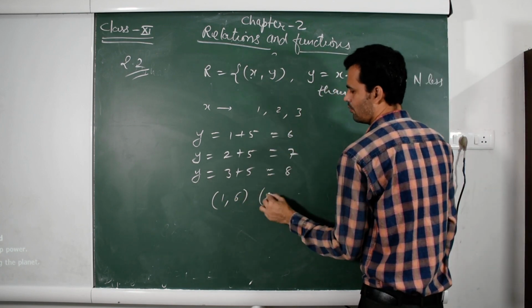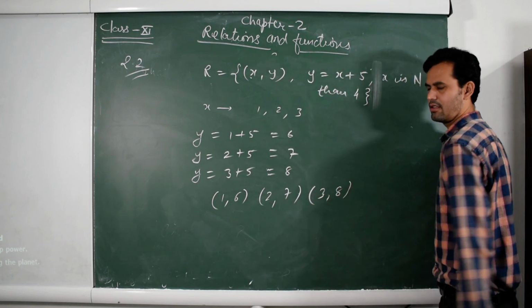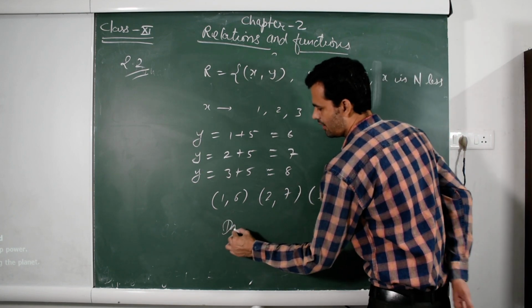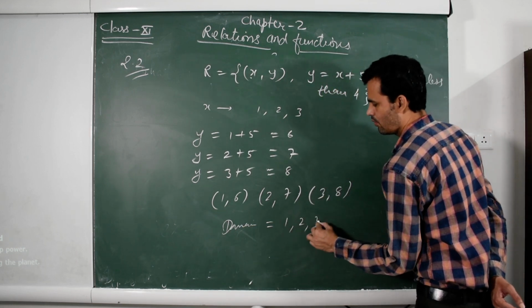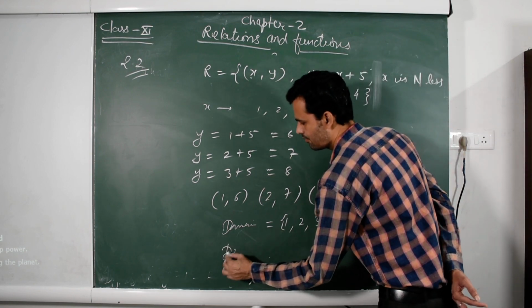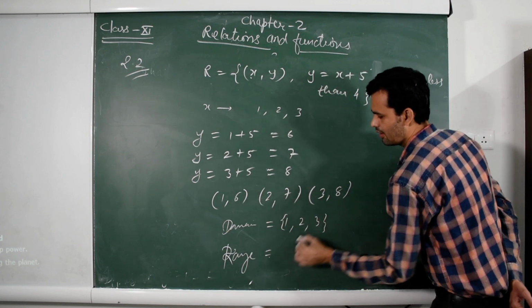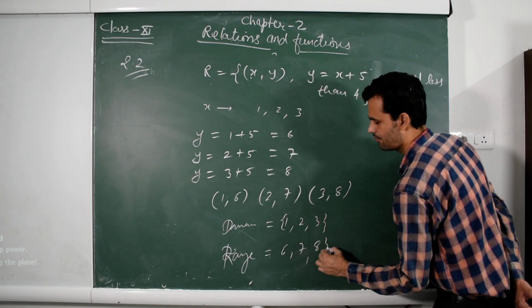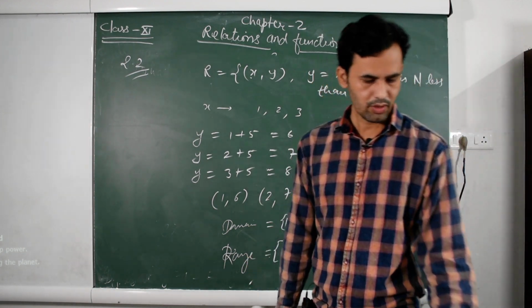If we put 2, y equals 7. If we put 3, y equals 8. So the ordered pairs are (1, 6), (2, 7) and (3, 8). So the domain is 1, 2, 3 and range is 6, 7 and 8. These are the domain and range of this question.